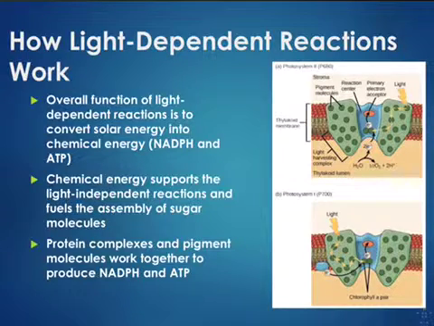To do this, we use protein complexes and pigments, and they work together to produce those energy molecules, the NADPH and the ATP. This occurs in what we call two photosystems. What does the prefix photo mean again? Light.